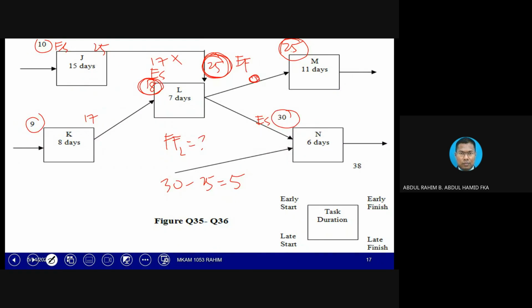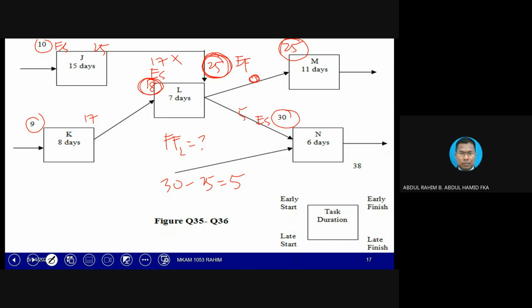Between 5 and 0, we are going to choose the smaller value, in this case 0. If the value is not 0, say it is 1, then 1 will be the free float for L, because each activity only has one specific value.